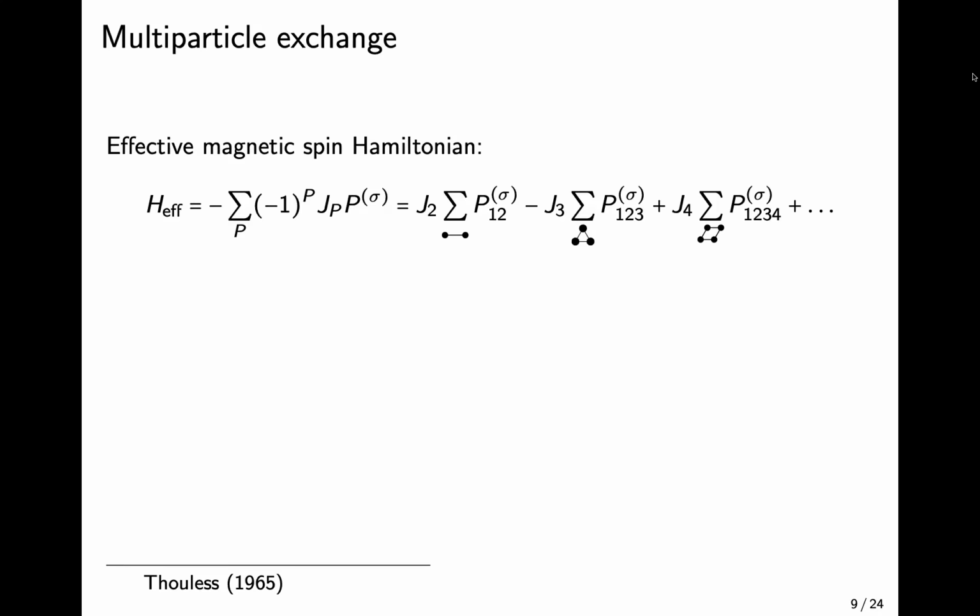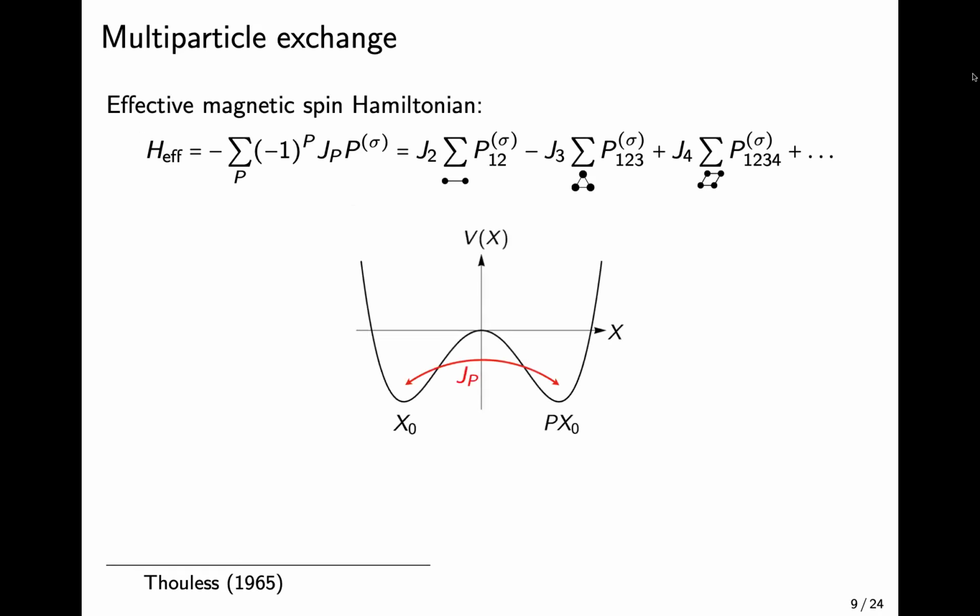Good. So how should we think about these exchange couplings? Well, remember that these exchange couplings are describing tunneling processes in which we are tunneling between electronic configurations related by some permutation. Here I've shown this to you schematically. X is a multi-dimensional coordinate in the configuration space of the n electrons.